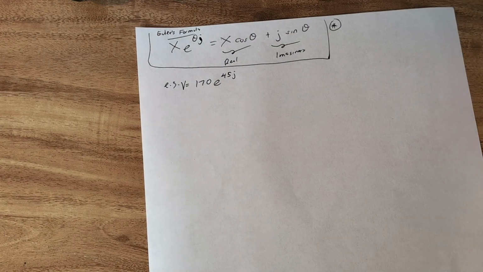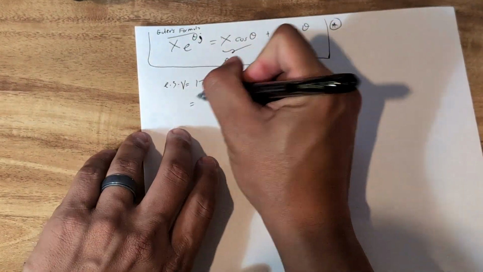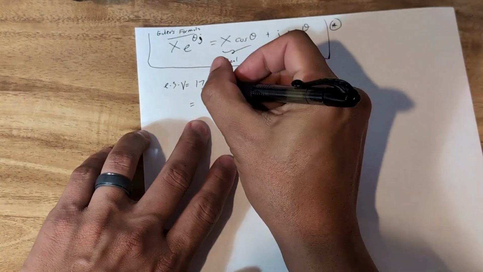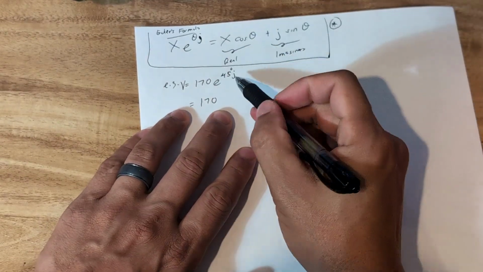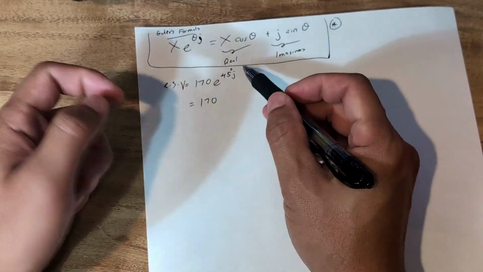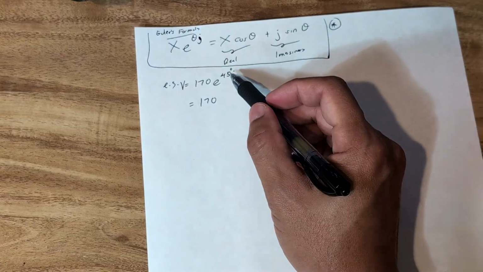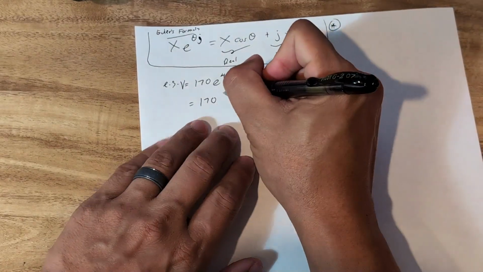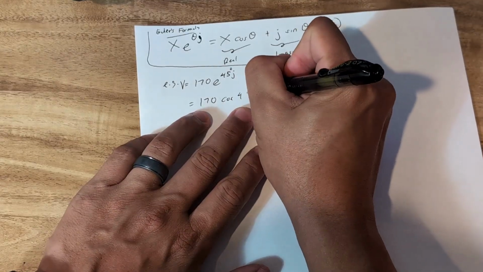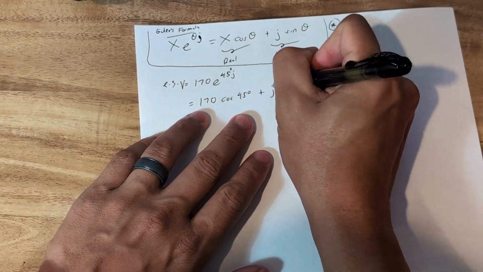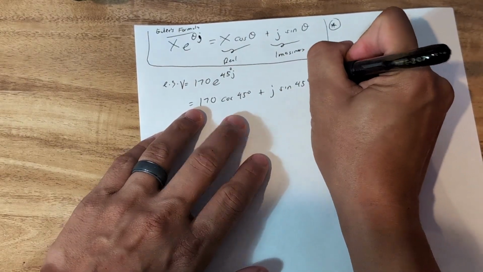The way we're going to do that is we're going to use Euler's formula. If you look at Euler's formula, x is represented by 170. This is 45 degrees, or this could be in radians, but we're going to use 45 degrees on this one. So 170 cosine of 45 degrees plus j sine 45 degrees.